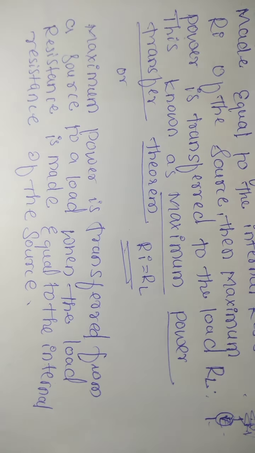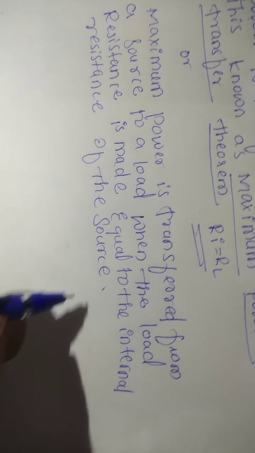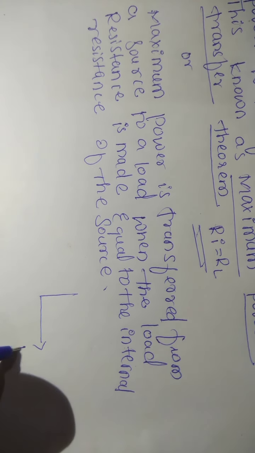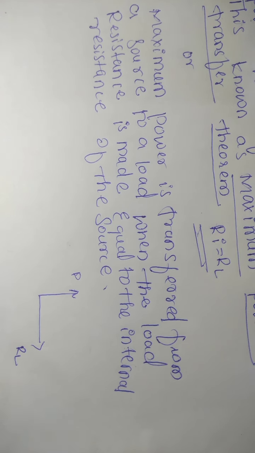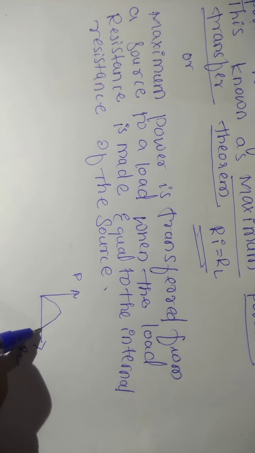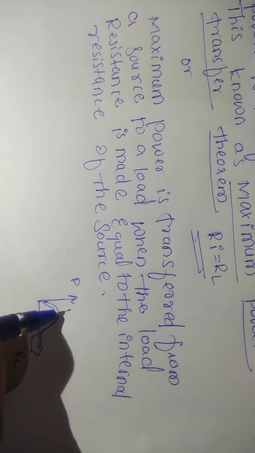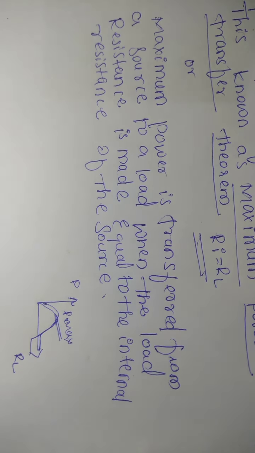This is the maximum power transfer theorem. In the graph, with RL on one axis and P on the other, the power increases and reaches the maximum, then starts decreasing. This is P max, where power is maximum.